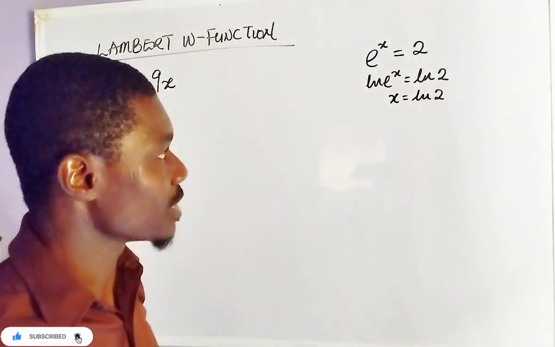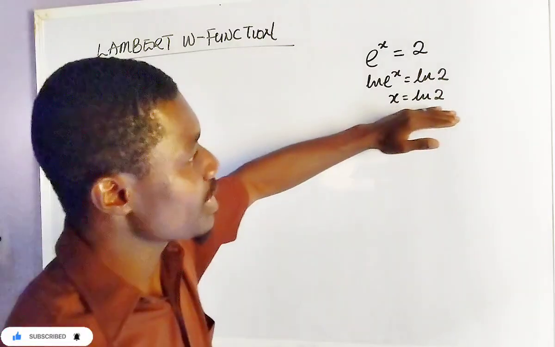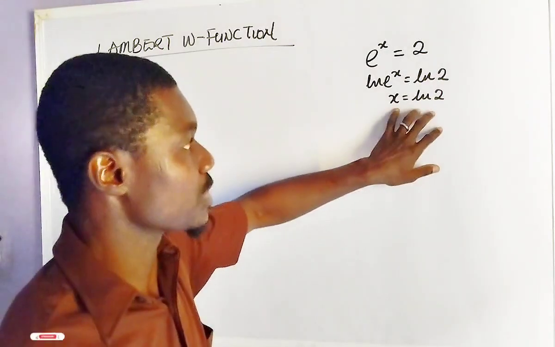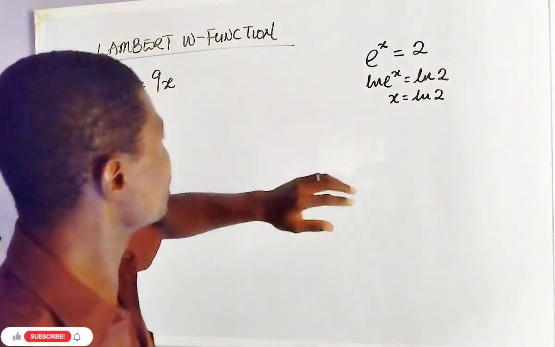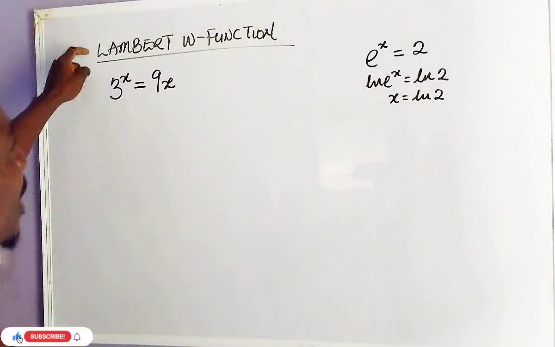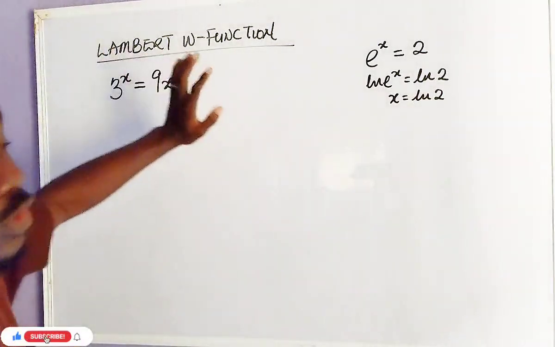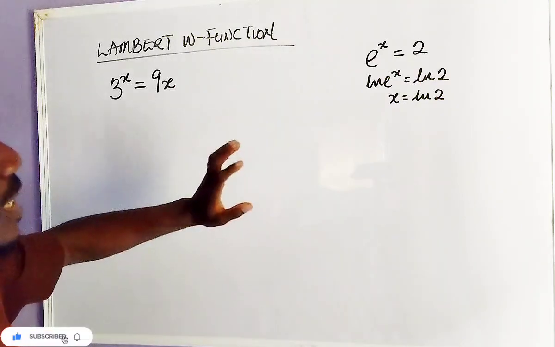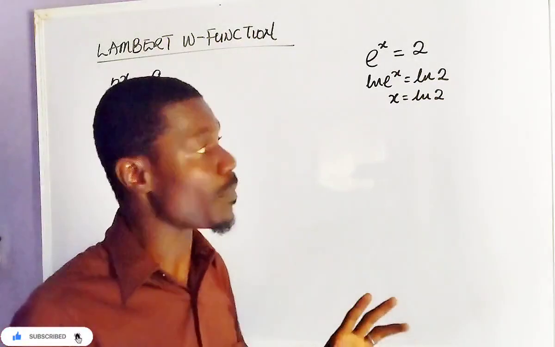So this procedure, or this principle, is the same principle the Lambert W function uses. And how does it apply?